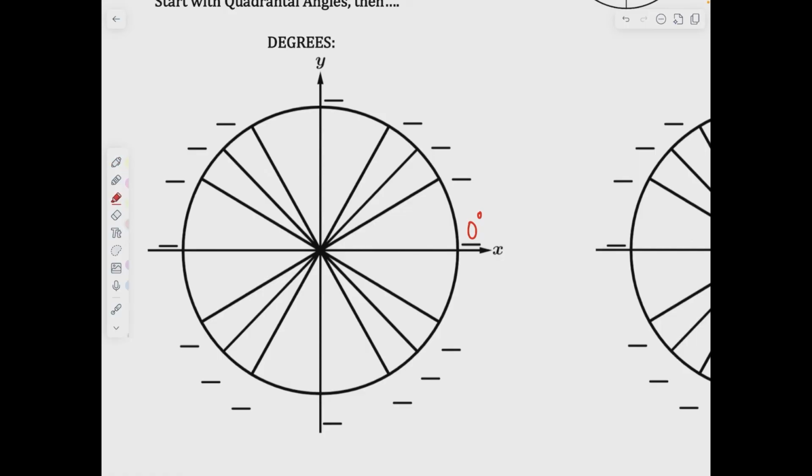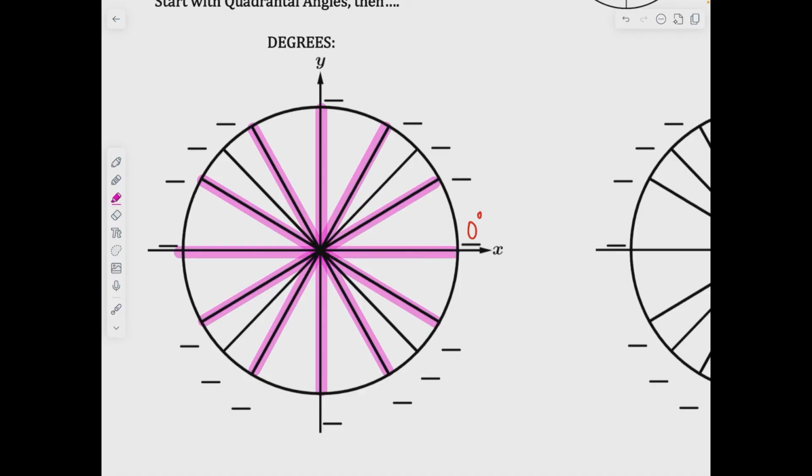So for the 30 degrees, I'm just going to use this pink. Okay, so 30 degrees, 1, 2, 3, 4, 5, 6.